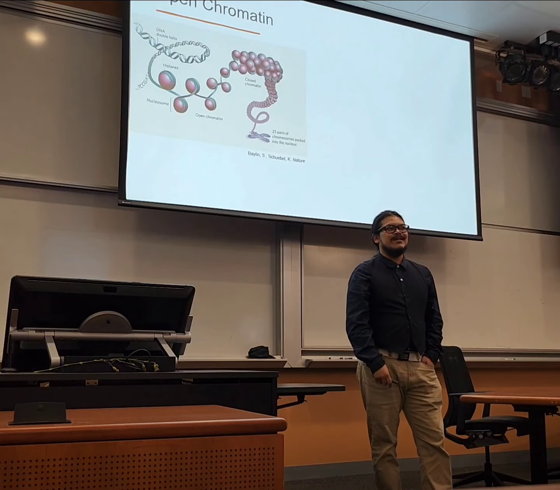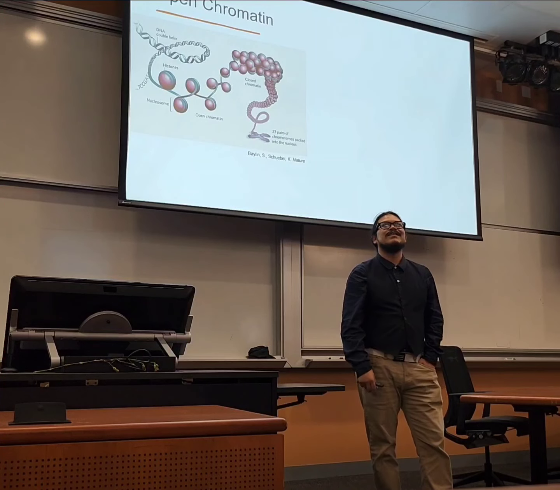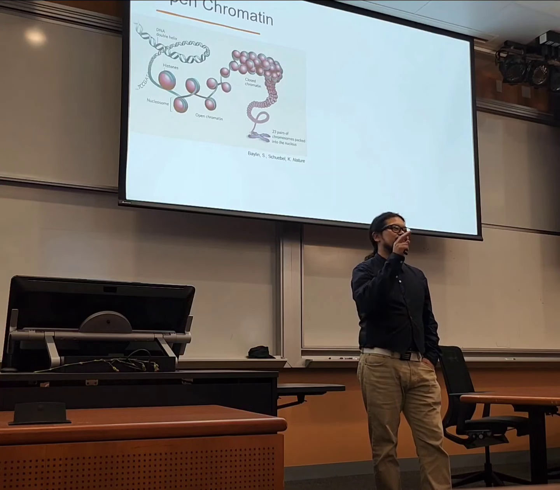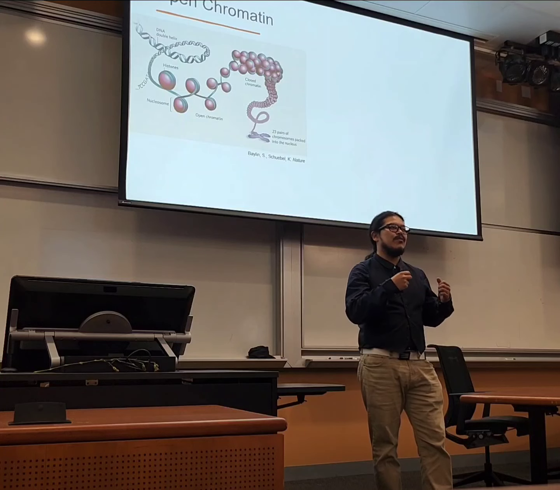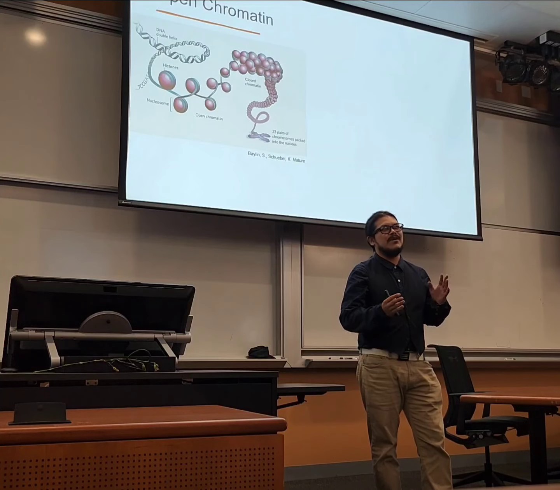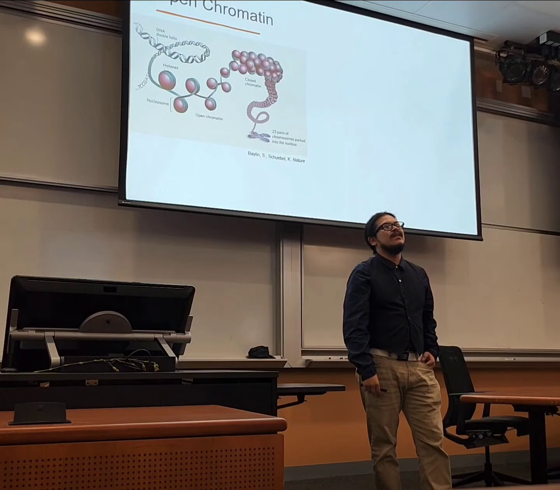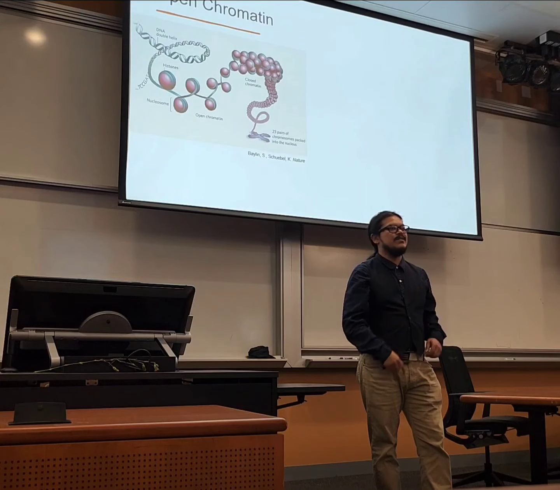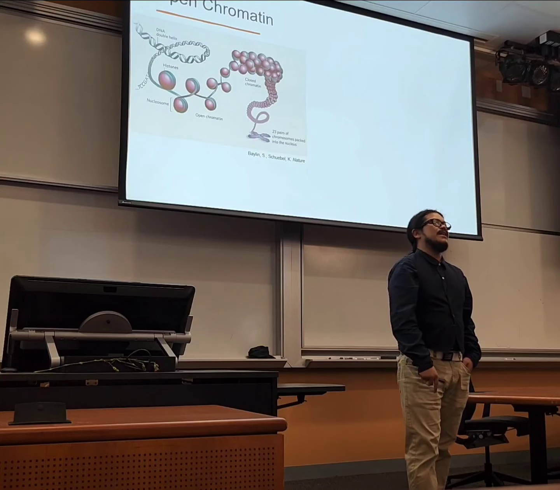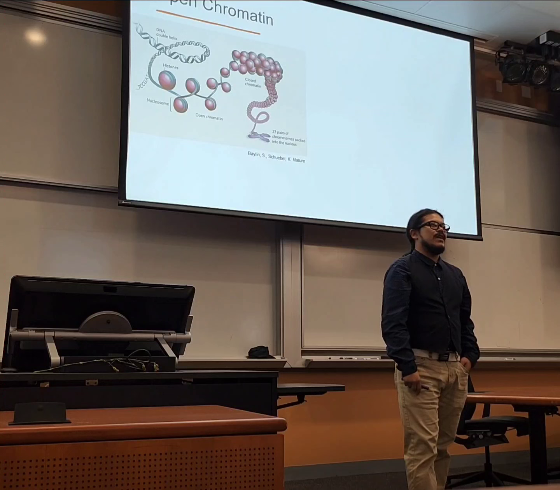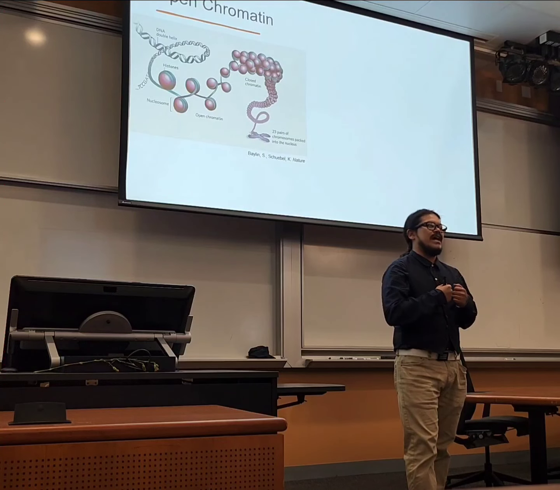So there's a picture of our DNA. The double helix structure is very famous, but when we rip them apart, there are these previously thought fibers of chromatin that make up the structure of our DNA, and it's also responsible for how tightly our DNA is packed together and also can be loosely packed.